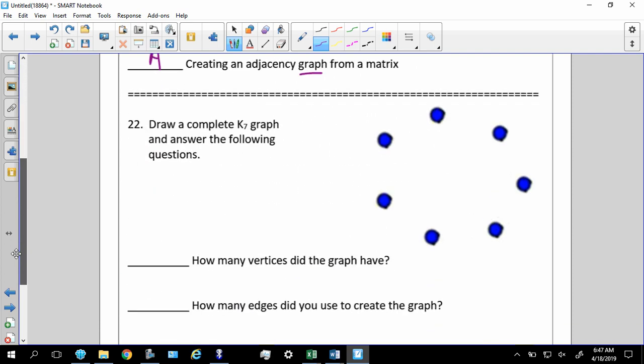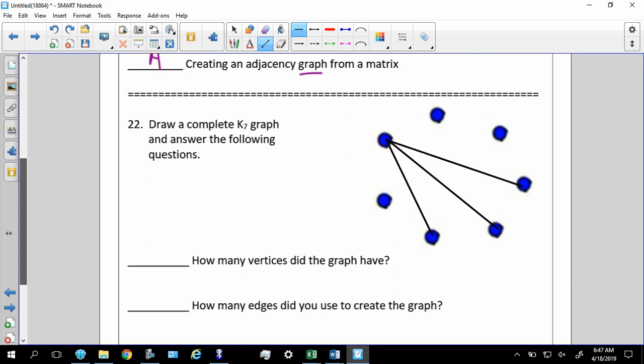Pretty simple. All right, complete a K7 graph. All right, so K7, everything's got to be connected. All right, so that's 1, 2, 3. I skipped 1 actually. 4, 5, 6.